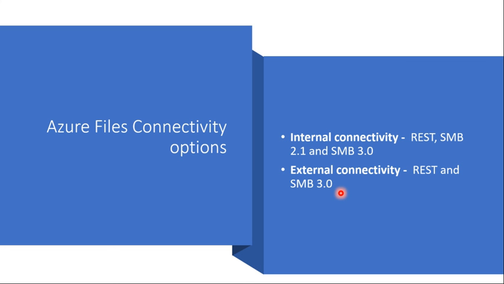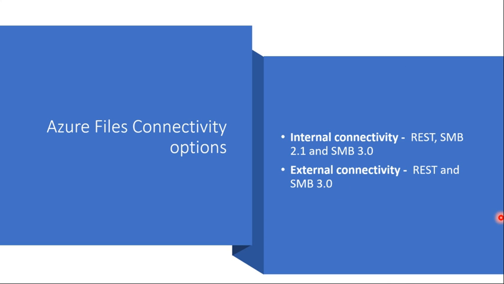SMB 2.1 is not available in external connectivity because it does not provide encryption, which is required for connecting externally to ensure the safety of the data.